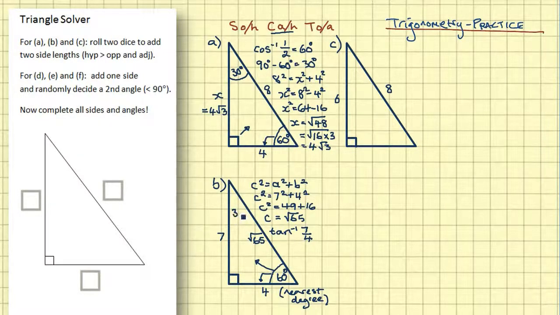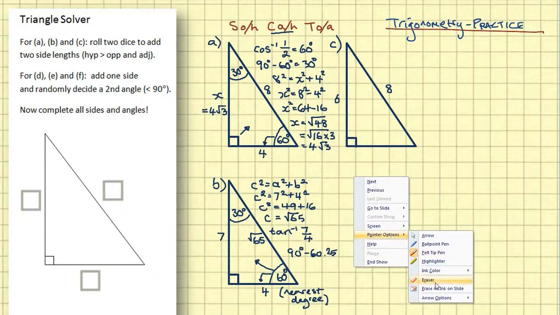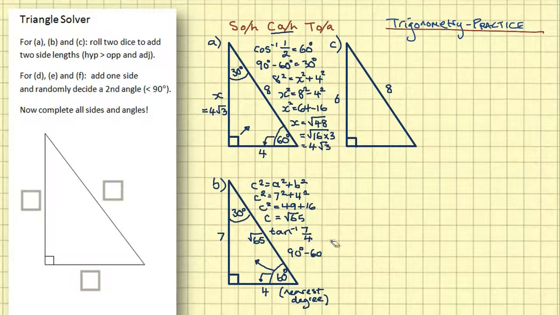So if I put my missing angle in here, so I should just note down here that 90 degrees minus 60.255. Well, I'm not going to have room, so let's just keep it as minus 60 degrees. Okay, there we go. Equals 30 degrees, and that's completed that triangle.